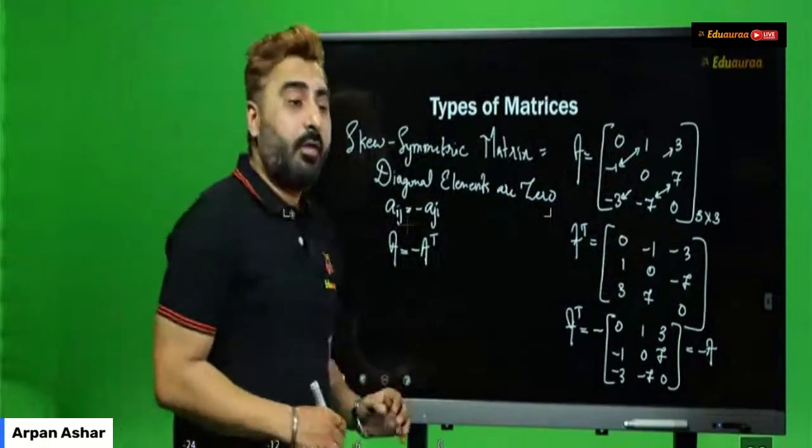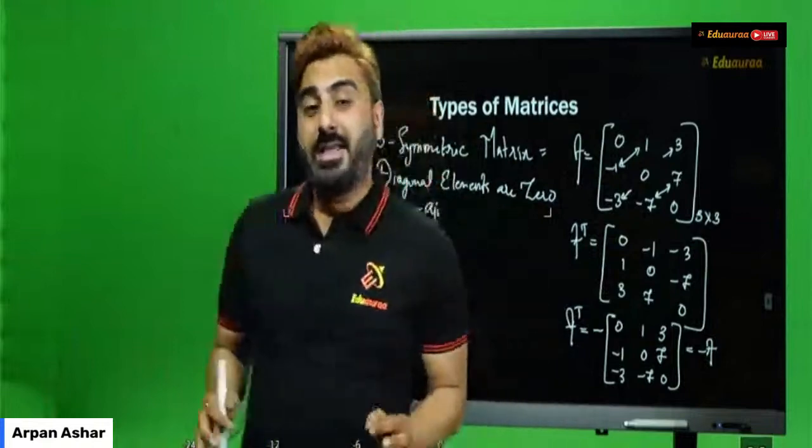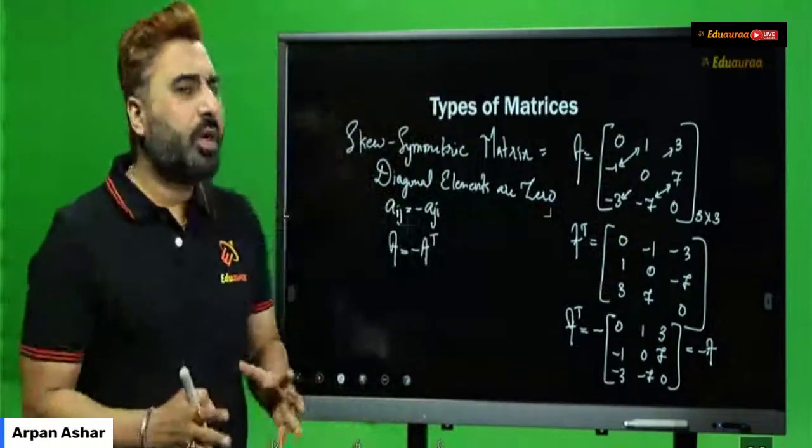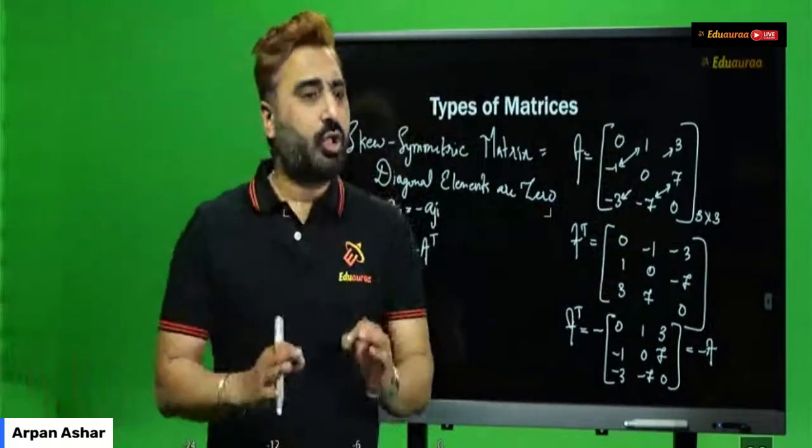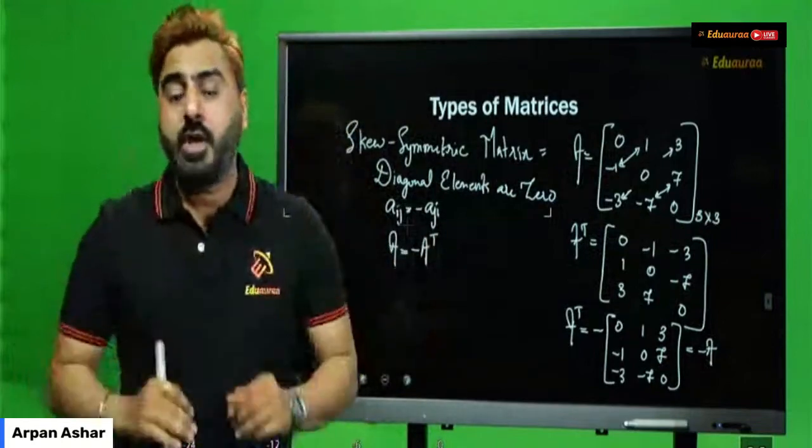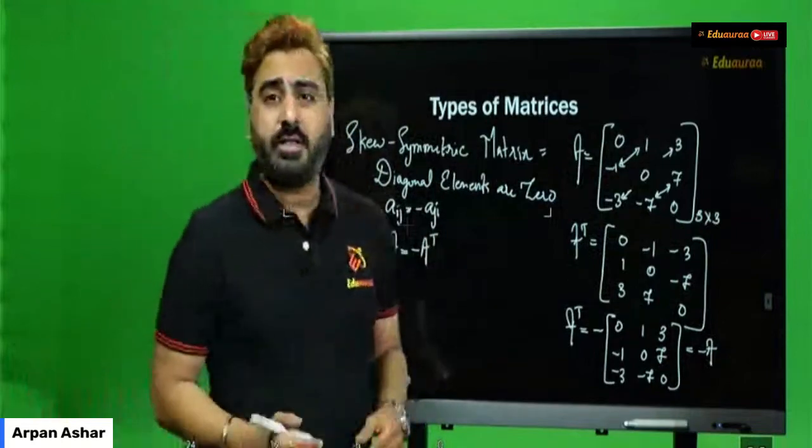Then students, we have one more topic, which is the determinant of a matrix. Now what is this determinant of a matrix? We just have to find a determinant value, in which you guys are masters.